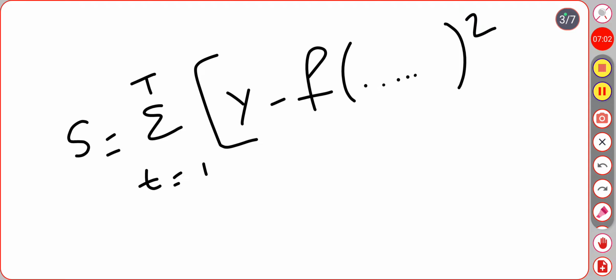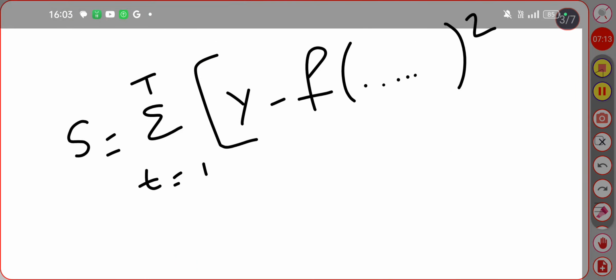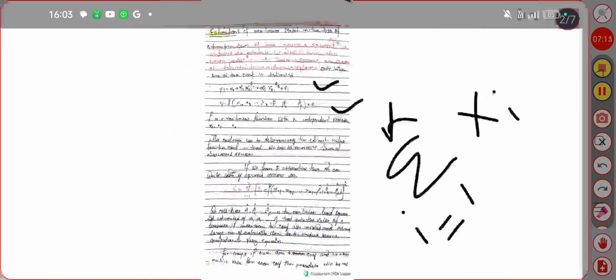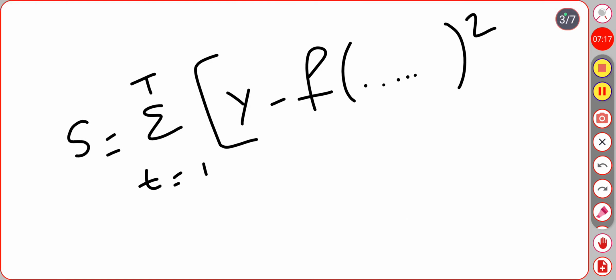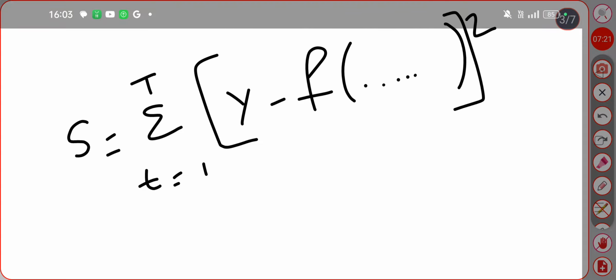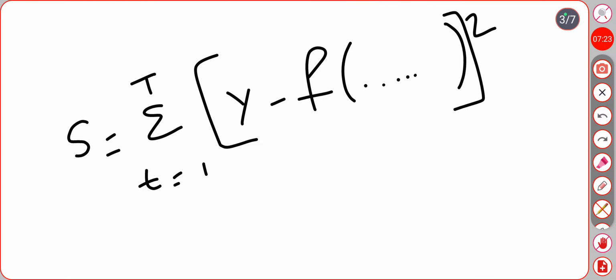But we know that in the ordinary least square technique, the sum of the square error is actual y minus estimated y, whole square. Here beta are the estimated beta.